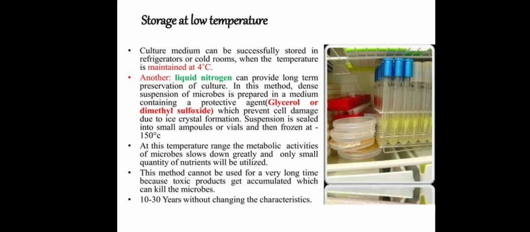At this temperature range, the metabolic activities of microbes slow down greatly and only small quantities of nutrients are utilized. This method cannot be used for a very long time because toxic products accumulate which can kill the microbes. Cultures last 10 to 13 years without changing the characteristics.